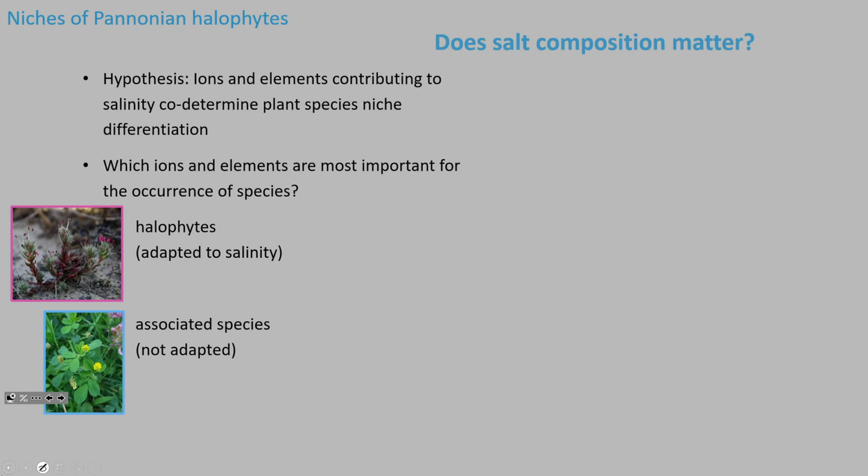And then we also ask which of those ions are most important for the occurrence of species. And we tried to answer this question by looking at species that are well adapted, like the halophytes, and at species that are not adapted so much to salinity, the associated species, or what we also call glycophytes.